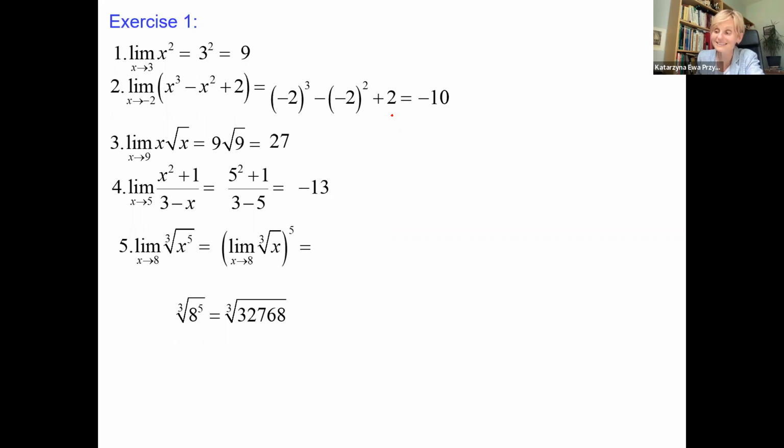But we can be smart. We can put the power outside and find the cube root of 8. Everybody knows the cube root of 8 is 2. 2 to the power of 5, 2 times 2 times 2 times 2 times 2, 32. That's how we can manipulate the arithmetic and the properties.